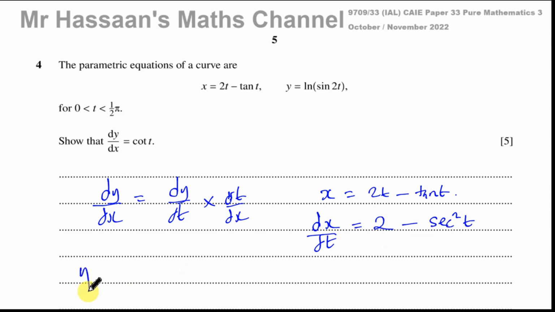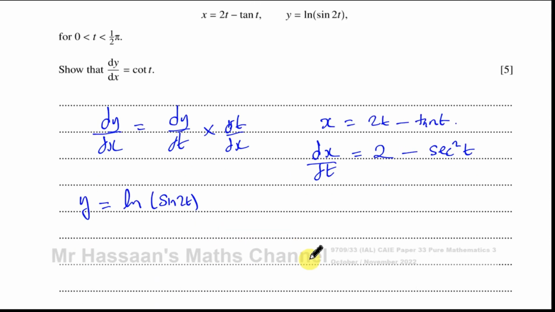Now we know also that y is equal to the ln of sine of 2t. Now, to find dy dt here, there's a common mistake that people are making. Most students got the first part right: if you differentiate the ln of something, you get 1 over the same thing. So ln of the sine of 2t.